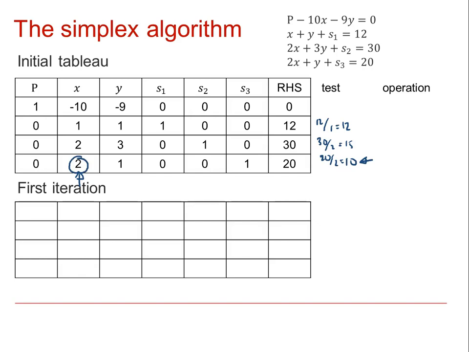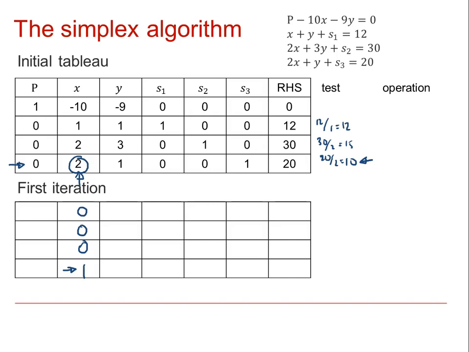We now want to use what are called row operations to make this column for x equal to 0, 0, 0, 1. So we're going to make this equal to a 1 by firstly dividing this row here by 2.